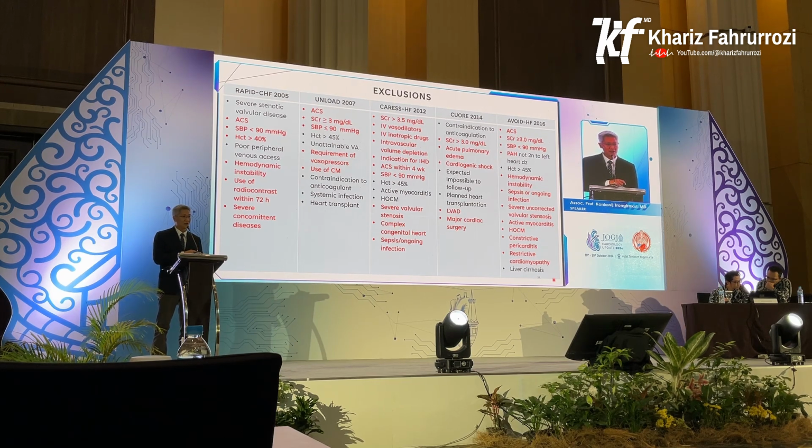Ultrafiltration can be done just in cases of heart failure without hemodynamic compromise or with normal renal function. When the patient has renal dysfunction or is hemodynamically unstable, maybe it's time to perform CRRT instead.